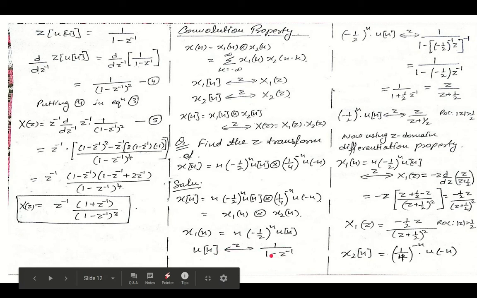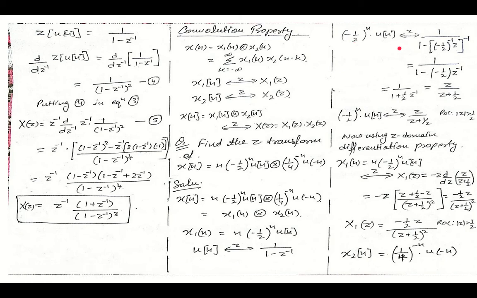Then we scale it by (minus 1 by 2) to the power n, that is, by replacing wherever there is z with z times (minus 1 by 2) to the power minus 1. We have done it over here to obtain z upon z plus 1 by 2. Now this z upon z plus 1 by 2 is nothing but the Z transform of (minus 1 by 2) to the power n into u[n].